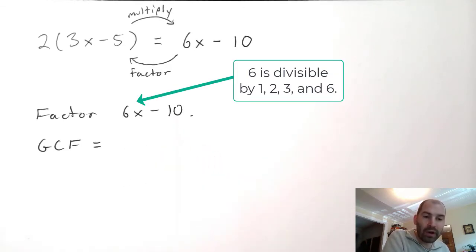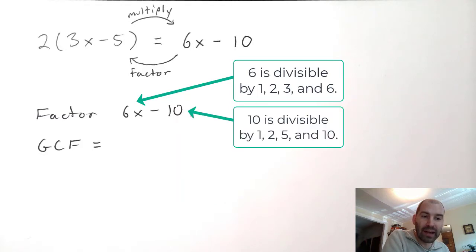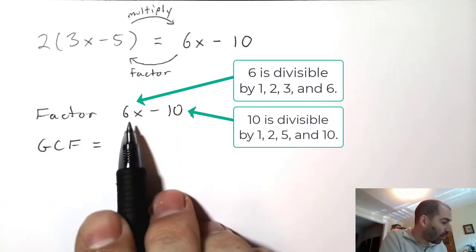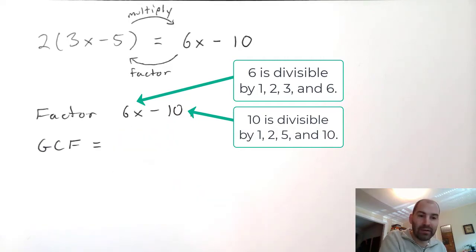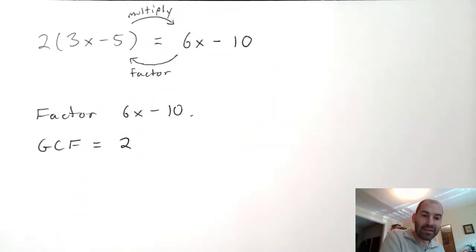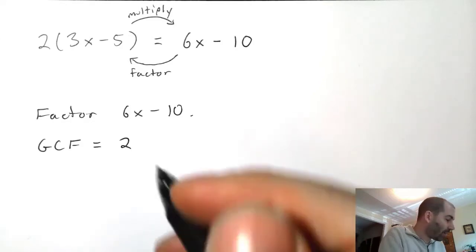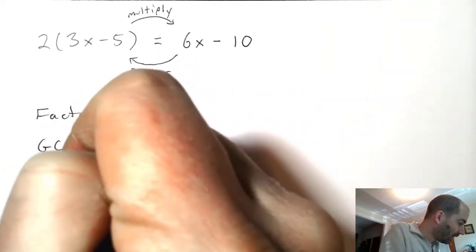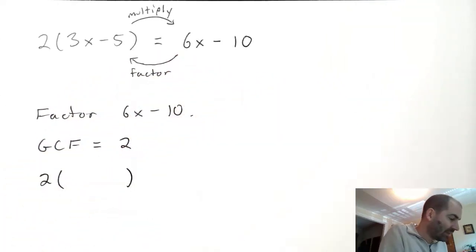It's divisible by 1, 2, 5, and 10. So of those numbers, what is the largest thing they are both divisible by? Well, it's a 2. 2 is the largest number they are both divisible by, so that's the GCF. That is the thing that I want to factor out. So what I'm going to do is I know I'm going to write my final answer as 2 times something.